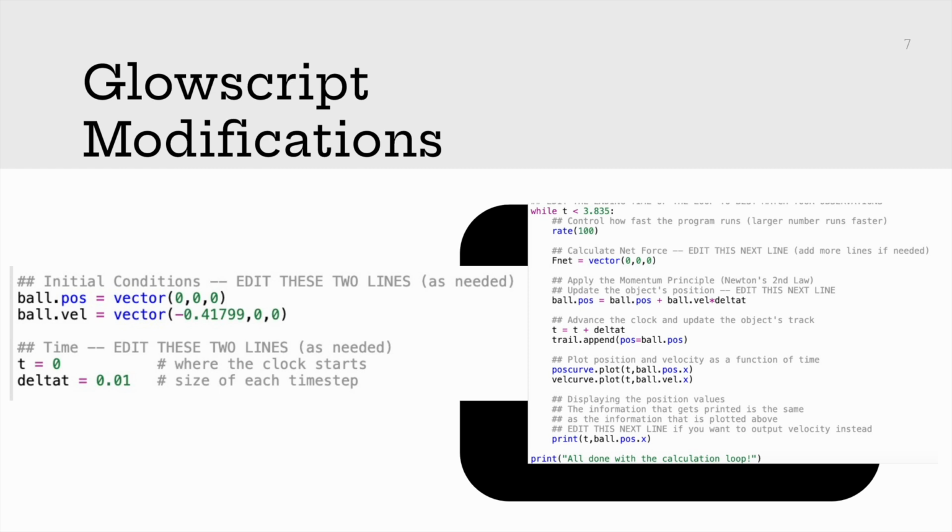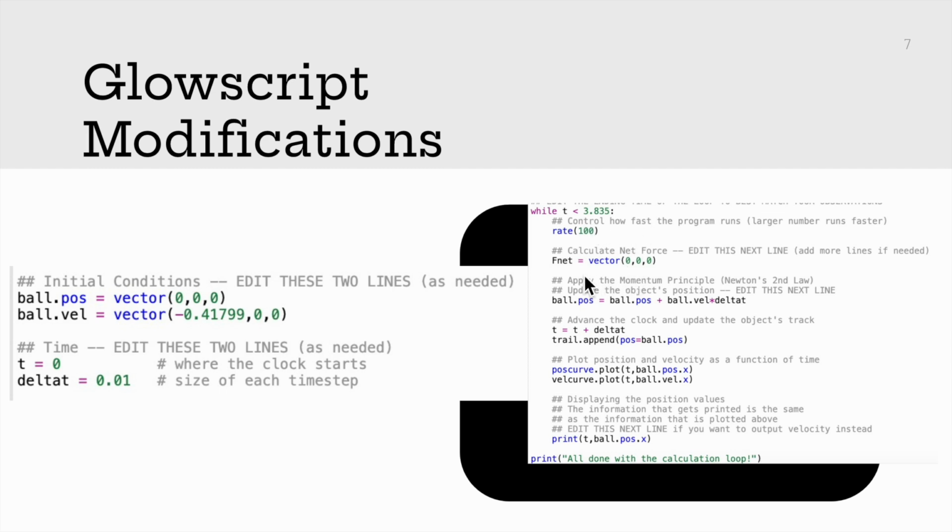So we did some modifications to our GlowScript, where the ball position, we put it as 0, and the ball velocity, we applied it here as a vector, and we put delta t as 0.01 to get as many accurate iterations about the repeating process of getting the velocity update and the position update, which is what we do in this while loop, which has a duration of what our tracker data recorded.